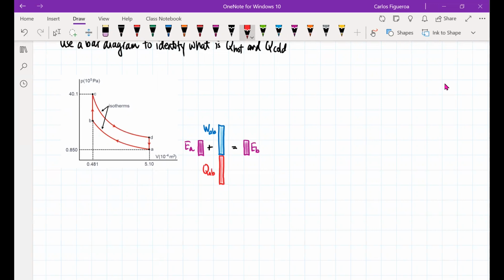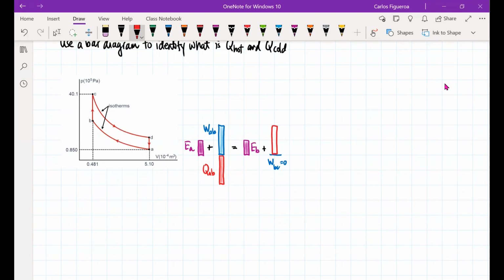Now, as I go from B to C, what you're seeing here is that there is an increase in internal energy because I'm going from the lower isotherm to the higher isotherm. So I know that because this is an isochoric process, from B to C there is no work done, but there has to be heating in order to increase the internal energy.